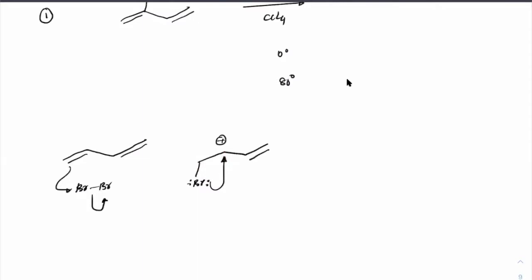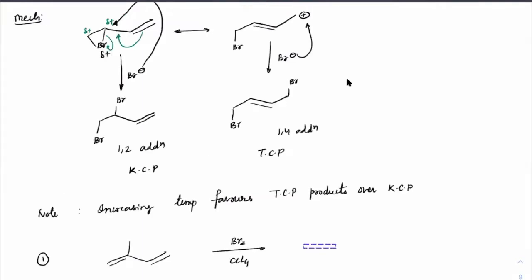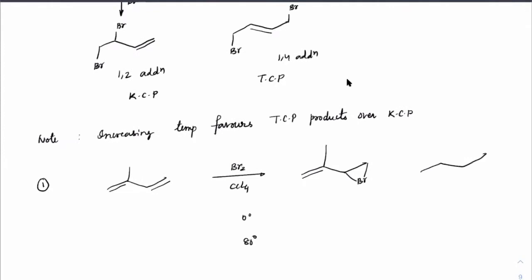That's the mechanism we have learned now. First, Br formation, we will definitely show it here. Suppose if you show it here, or if you show it here, let us see how it makes a difference.